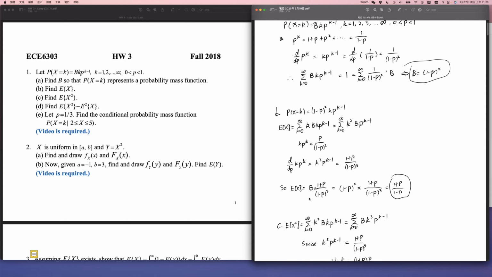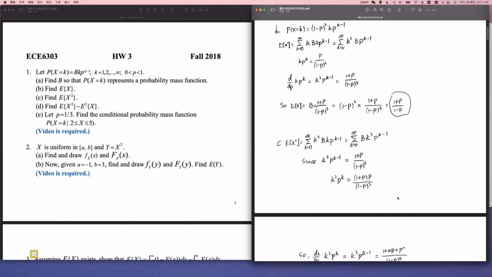So then we plug into this equation, b times (1 plus p) over (1 minus p) cubed, and simplify this to get (1 plus p) over (1 minus p).